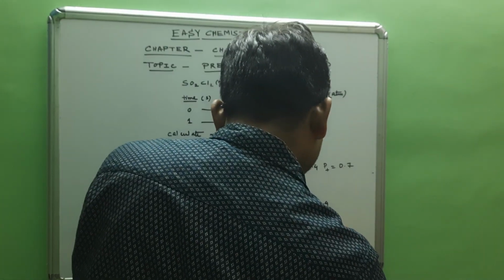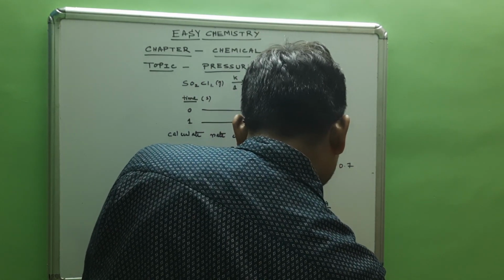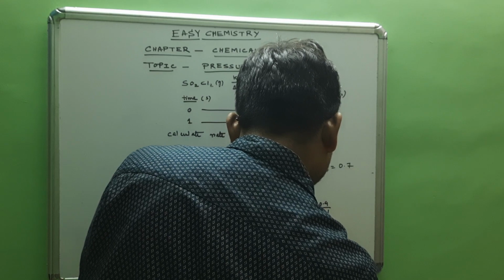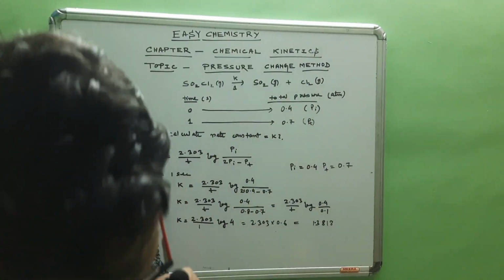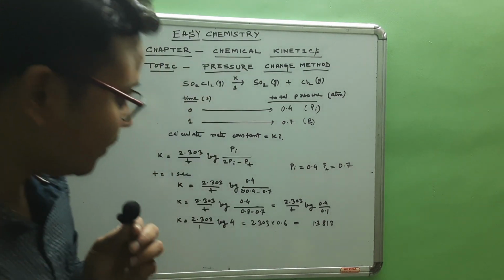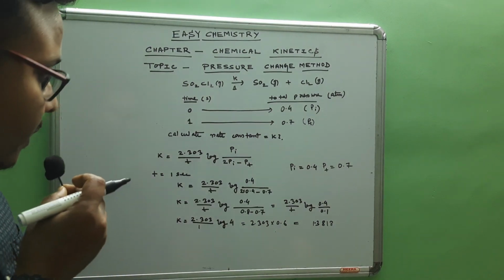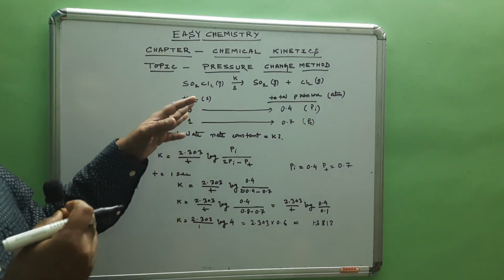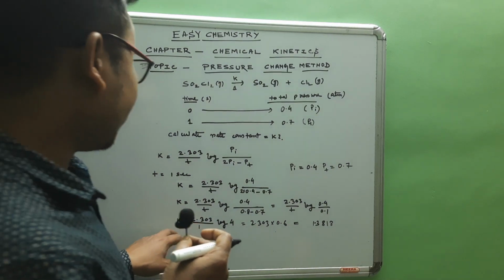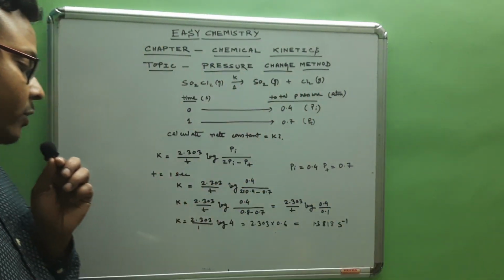So it will give K equals 0.13818. Okay, and what will be the unit of K? As we assume that the reaction is of first order, for a first order reaction the unit of the rate constant K will be second inverse.